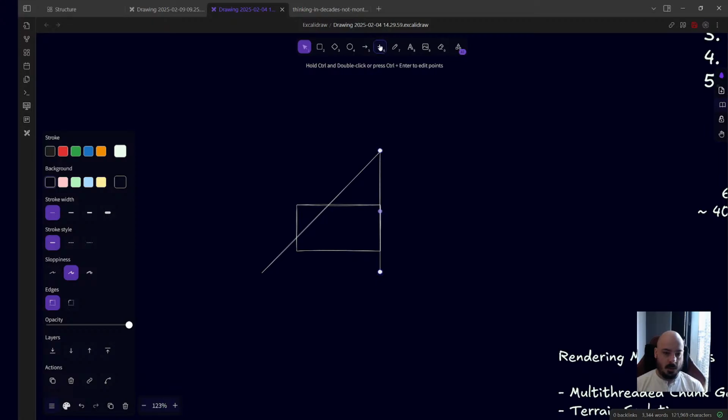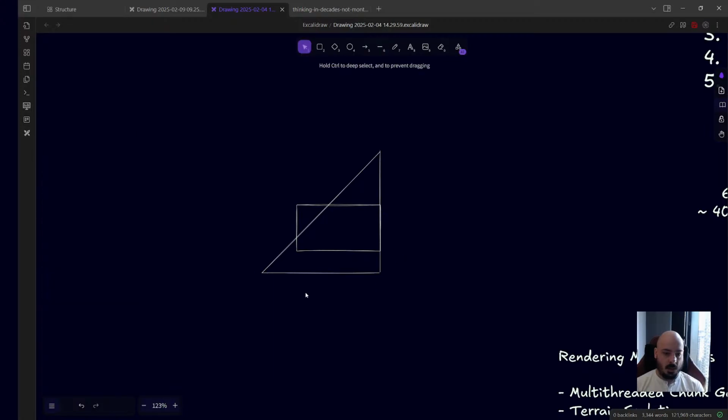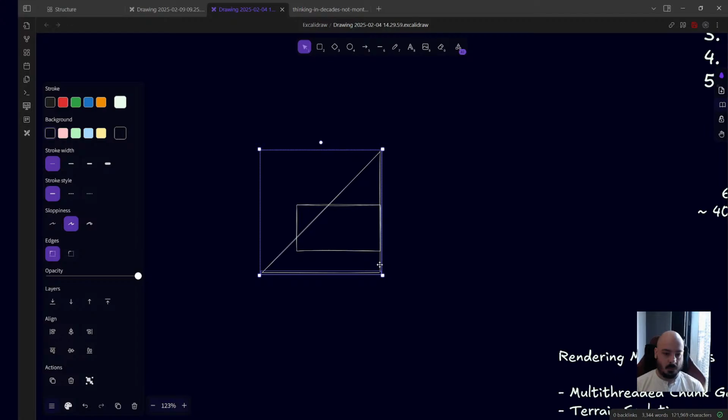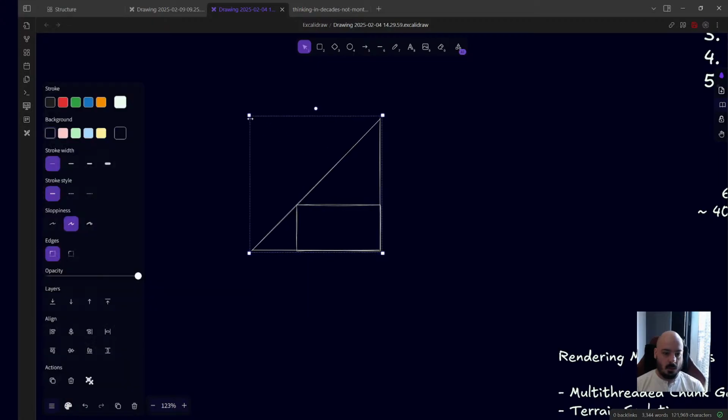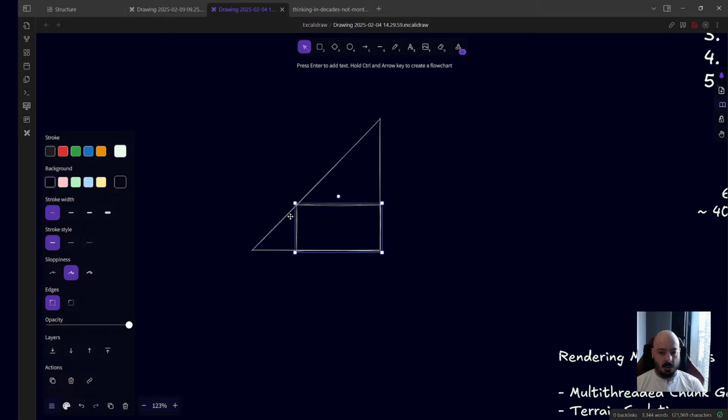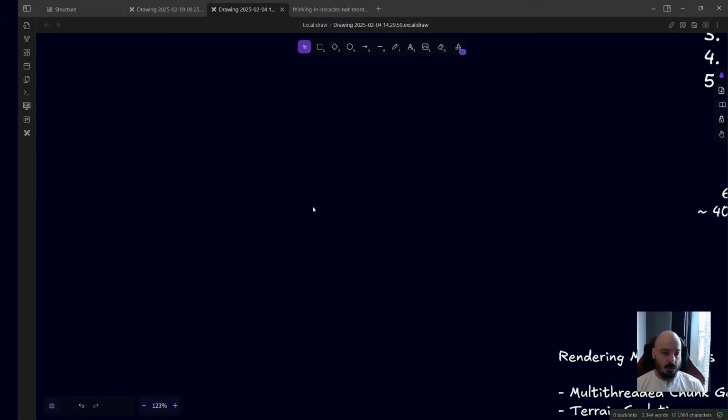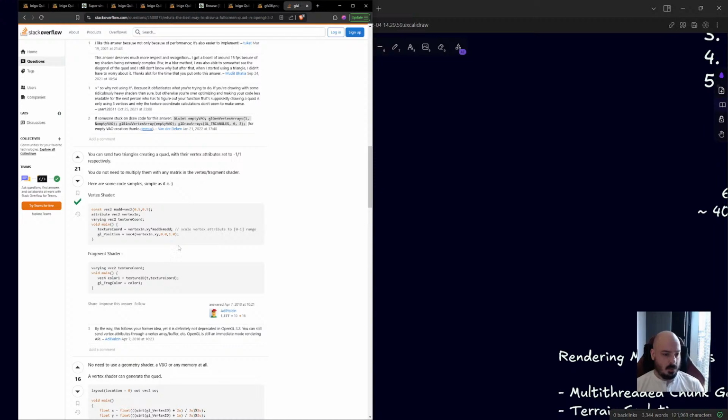I can't remember exactly the orientation that it's usually in, but let's just say something like this. It has to cover the whole screen, so it's a little bit too small. And then you calculate the UV coordinates based on this triangle, and then you could just draw to this part here. And that's apparently much faster. But I haven't tested it, and I also don't know exactly how it works. So I'm not going to do that.